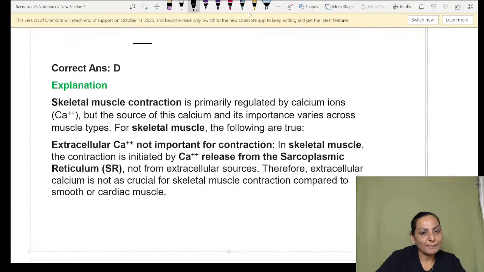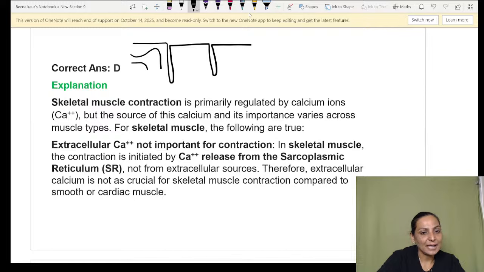Remember, this is the sarcotubular system, where there are long, thin T-tubules in the skeletal muscle and your cisterns, that is the L-tubule. So you have L-tubule, T-tubules, and again another L-tubule, which form a triad.